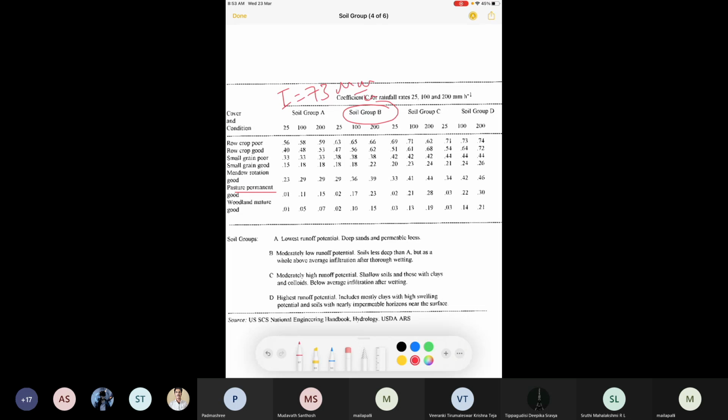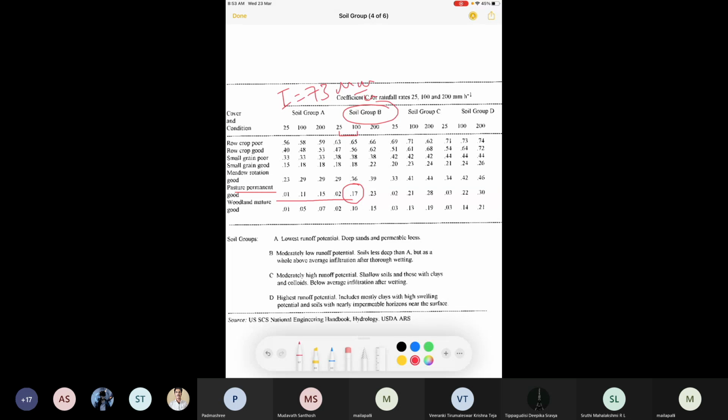So here the intensities are given, and 73 would be between 25 and 100. The pasture in good condition will be somewhere here, around 0.17.